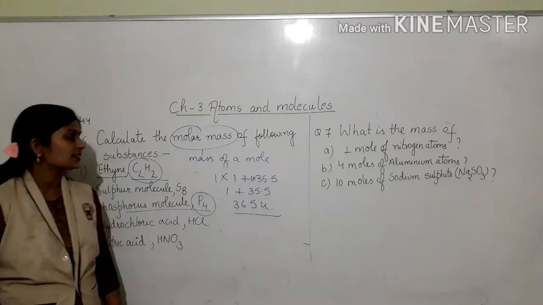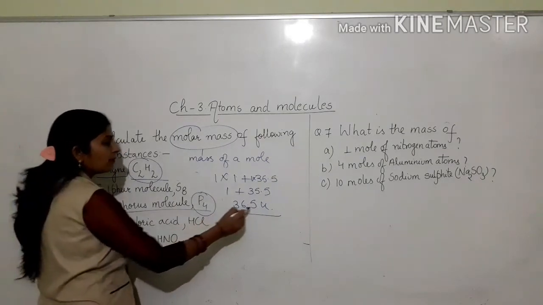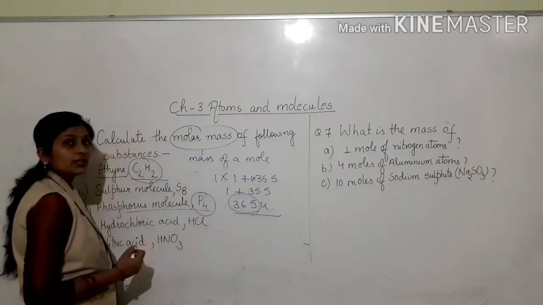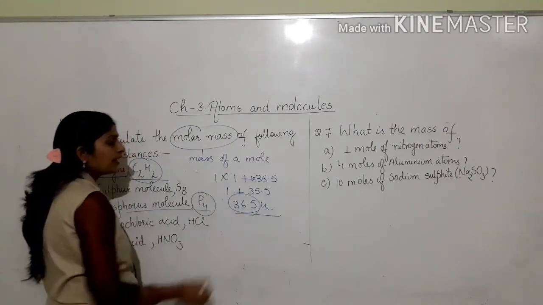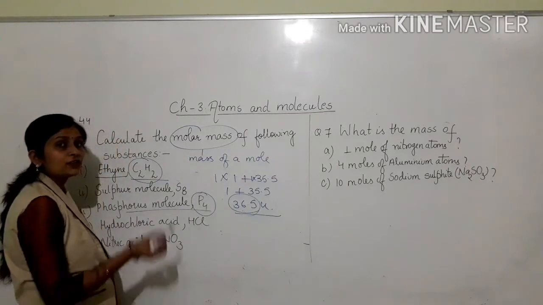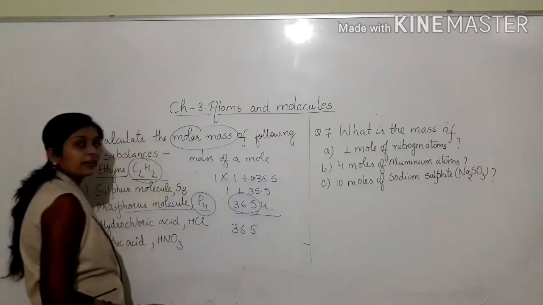It is 36.5 U. So its molecular mass has numerical value 36.5. Same numerical value will be of its molar mass, that is 36.5.